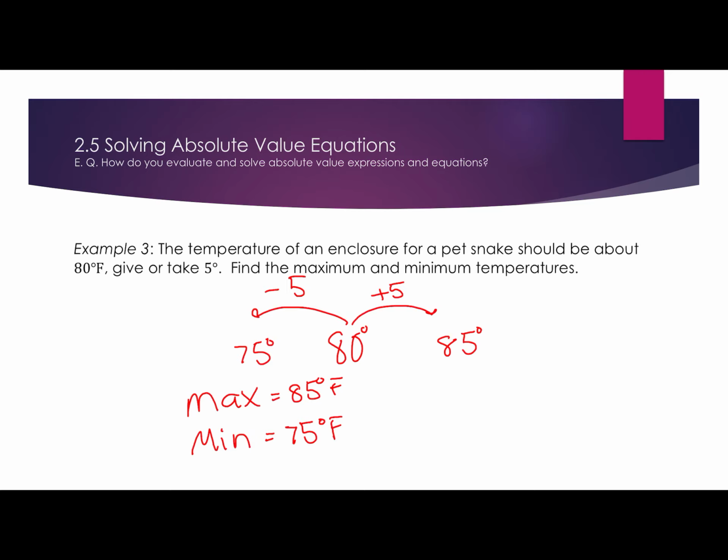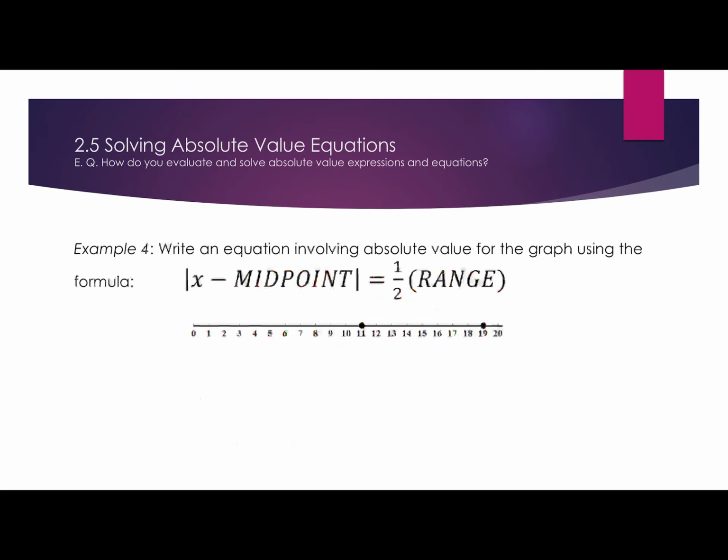All right, and finally, on to the second side of your paper, which is example 4. We're going to get into writing some absolute value equations. So we have to write an equation involving absolute value for the graph using this formula, and this formula is very important to us. It is not on your formula sheet, it's just something you need to know and remember how to do.